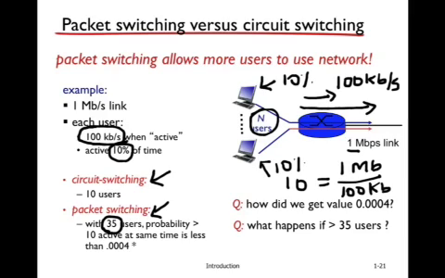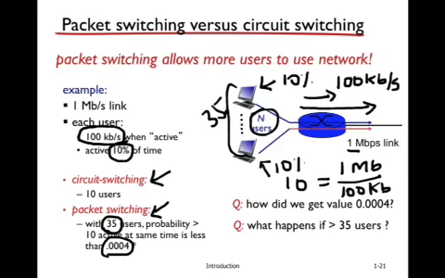So what this means is even if you allow 35 users to be connected on this link instead of 10, you are still going to be okay more than 99.99% of the time, and only a small percentage of the time you will have collision between users using the channel.